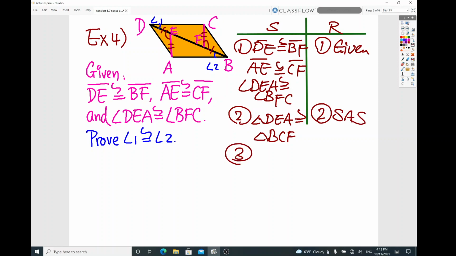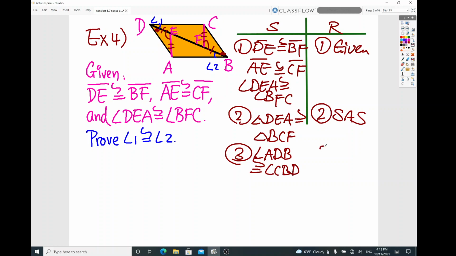And then from here, we can just say that angle ADB is congruent to angle CBD.